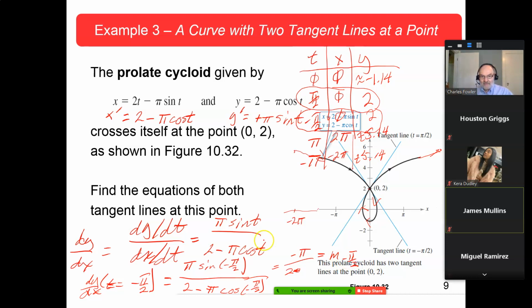Okay, now let's do the same thing for the positive. Dy/dx is equal to pi times the sine of pi halves.